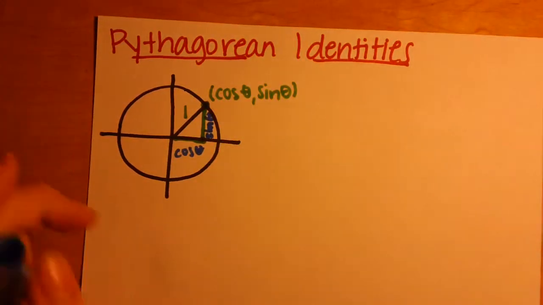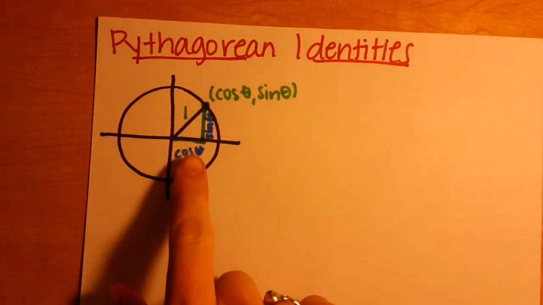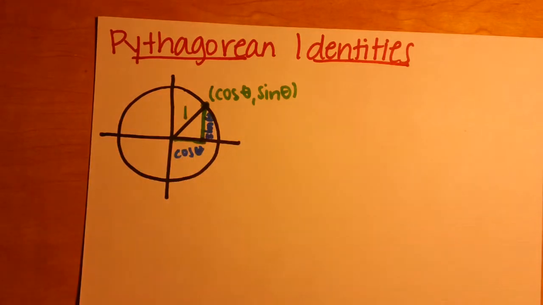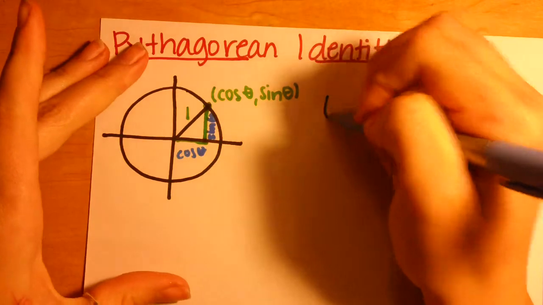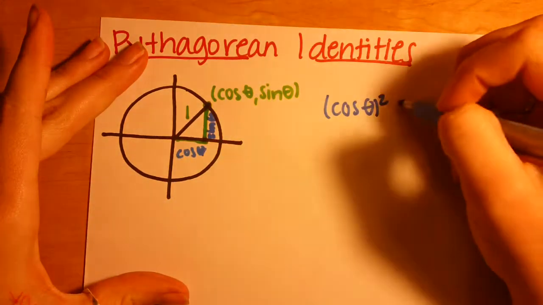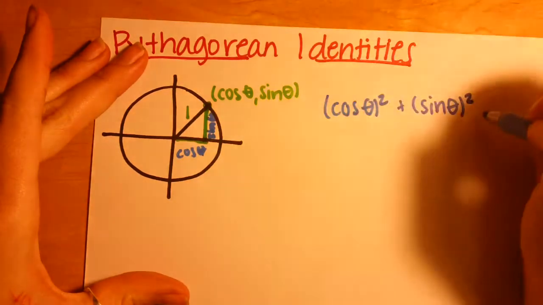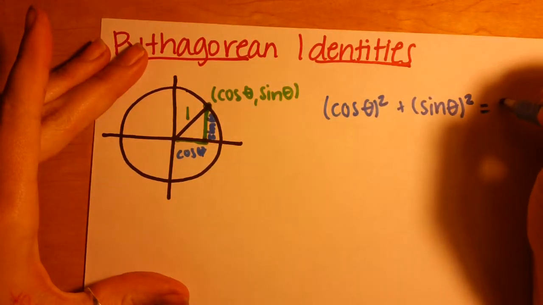Now we can create our Pythagorean identities by using this. We can use our triangle here to get one side squared plus the other side squared equals our hypotenuse squared.